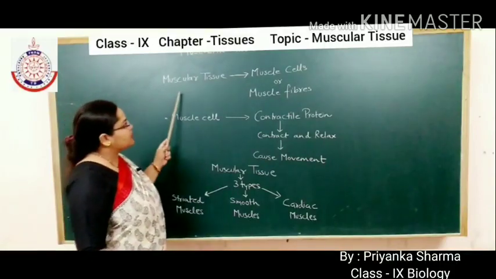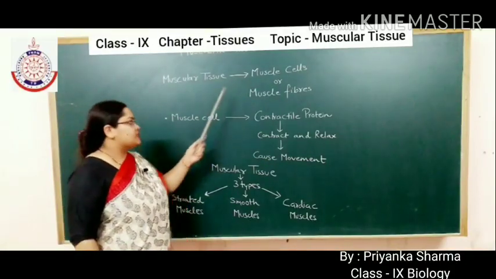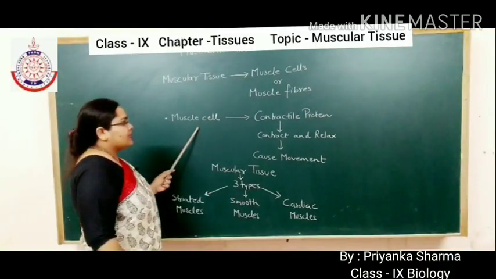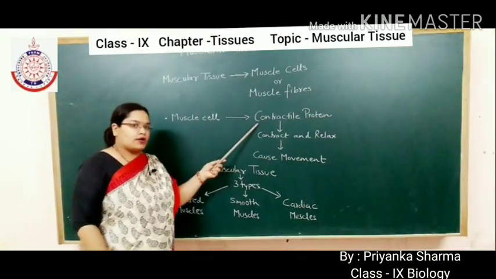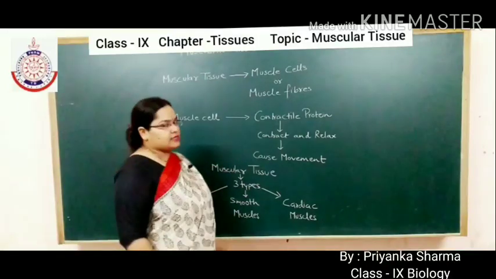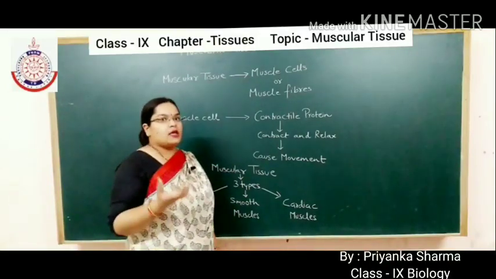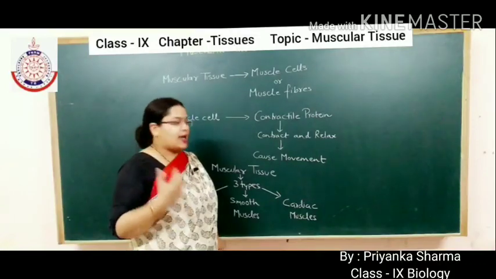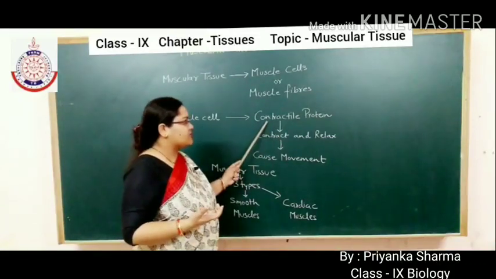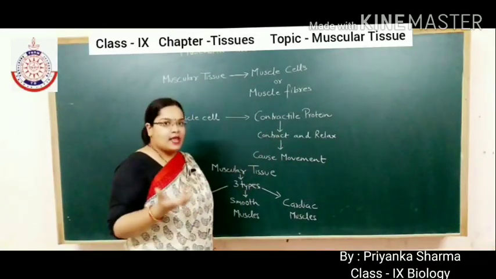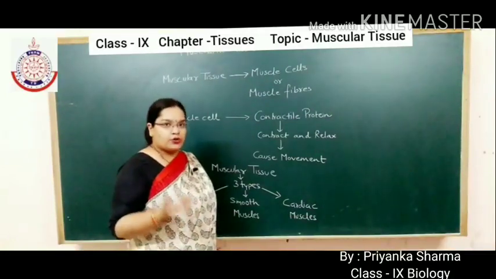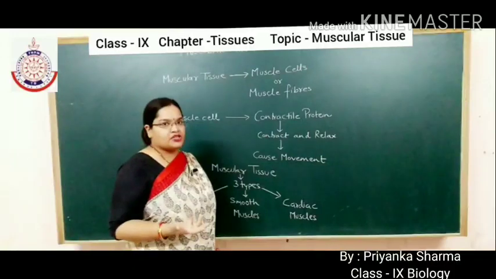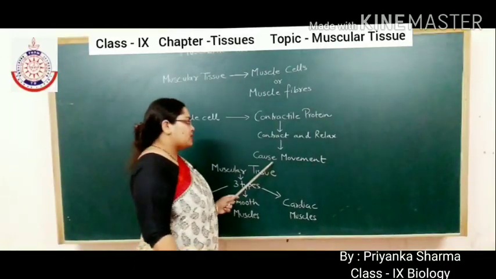Now these muscular tissues are made up of muscle cells, and muscle cells contain a special contractile protein. Contractile protein helps the muscles to contract and relax. That's why their name is contractile proteins. Due to contraction and relaxation of muscles, movement occurs.